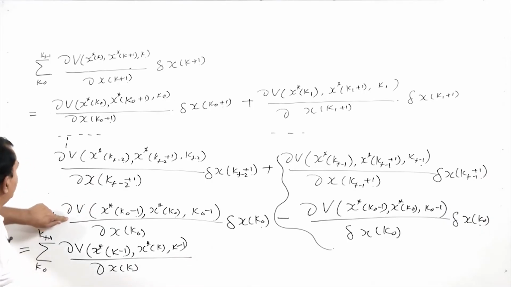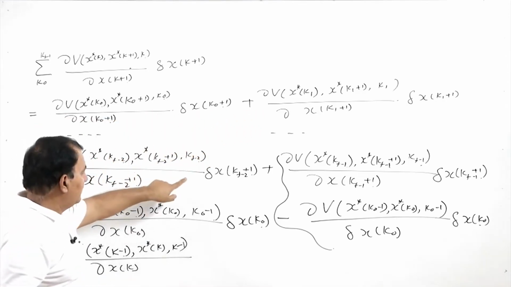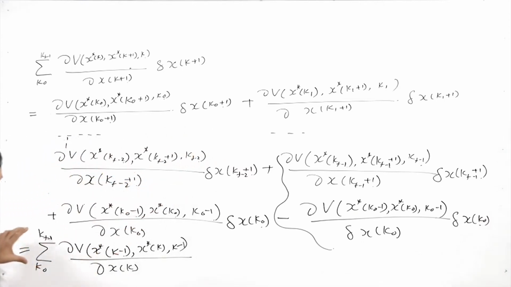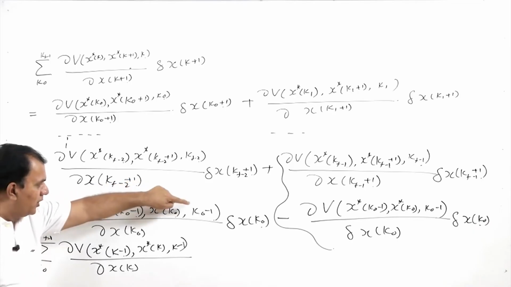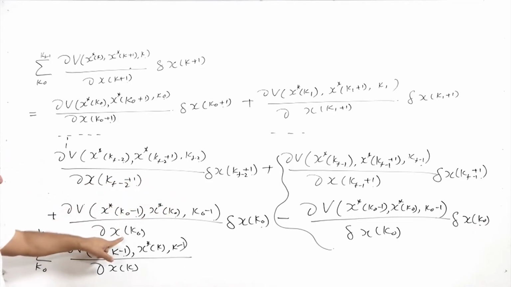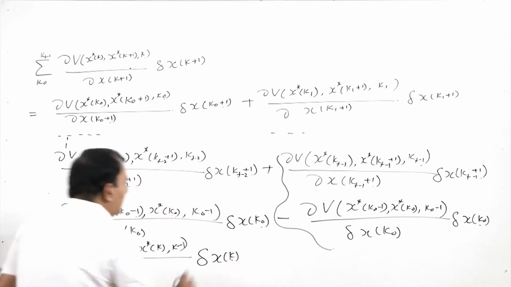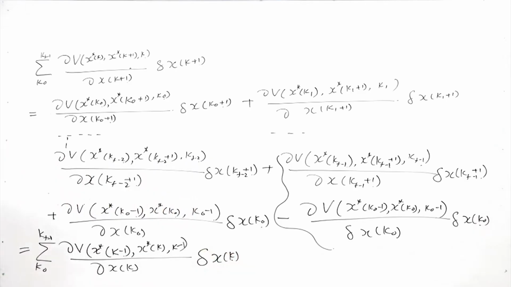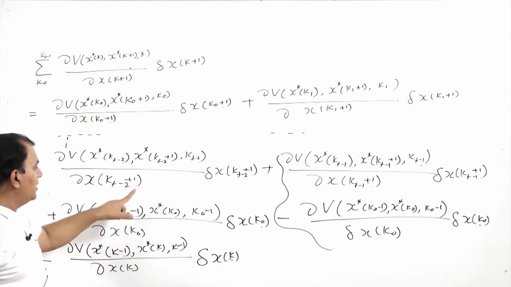My first term is this, second, third, and this is the last term for this expression. If I take k0, my first term will be del v x star of k0 minus 1, x star of k0 minus 1, delta x of k0, delta x of k. So, this will be my first term, this will be my second term, this will be my third term, and this will be my last term.